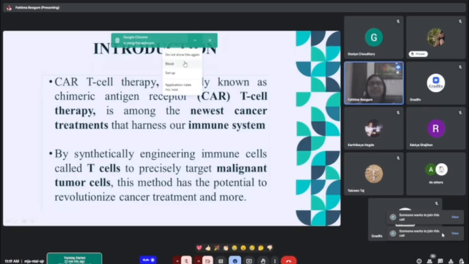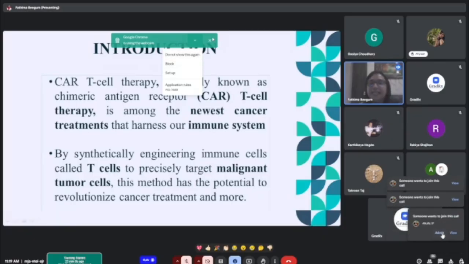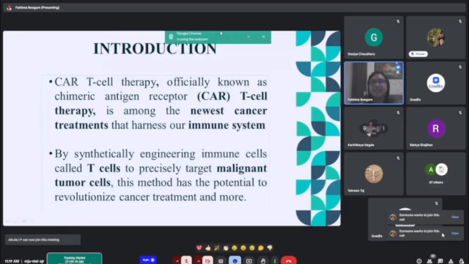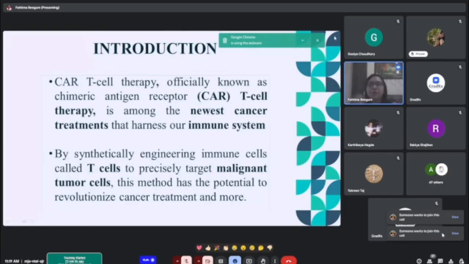In tumor infiltrating therapy, we collect the T cells from metastatic tumors, make some modifications, and reinfuse them into the patient. The limitation is that the culturing and separation is a very tedious process.